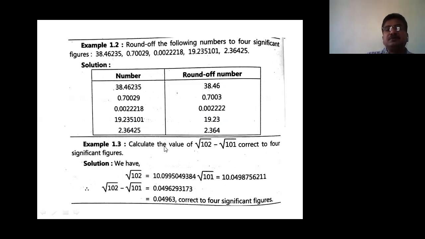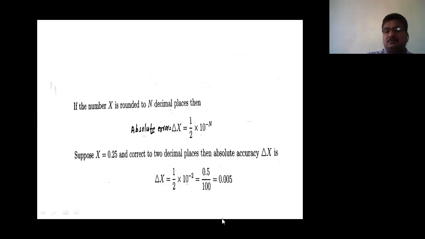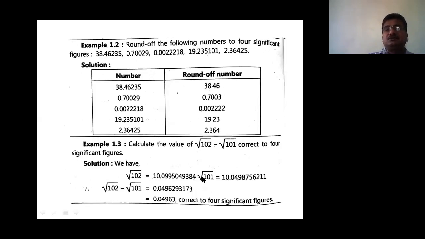Okay. So the next problem is: calculate the value of root 102 minus root 101 correct to four significant figures. So by calculator, the value of root 102 is this, and the value of root 101 is this.